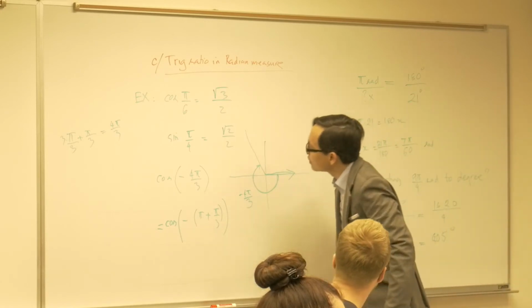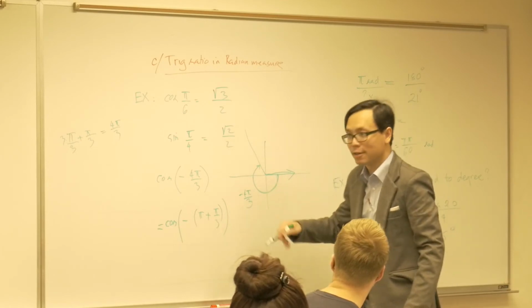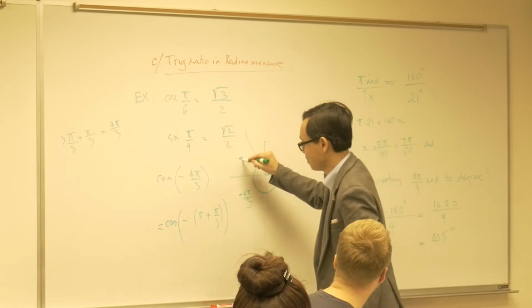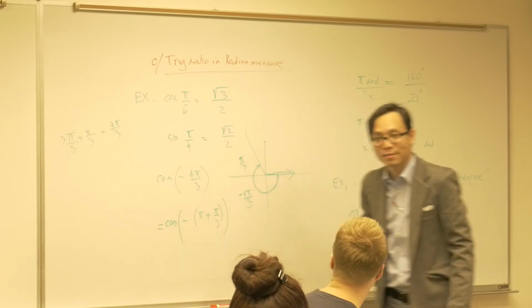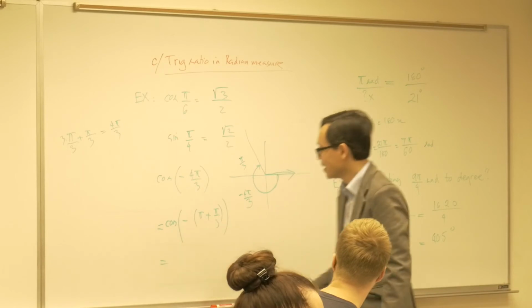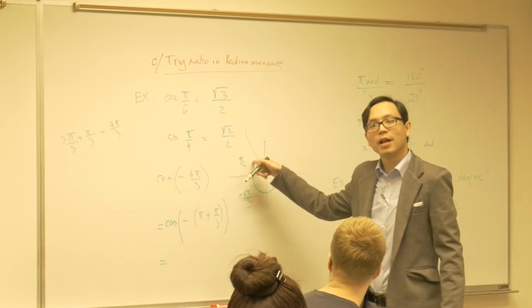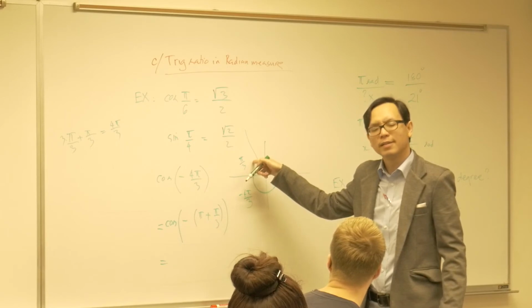So where will be the reference angle? 60 will be pi over 3, right? Pi over 3. Okay. So I can write this. Cosine is in the second quadrant. Is cosine positive or negative? Negative.